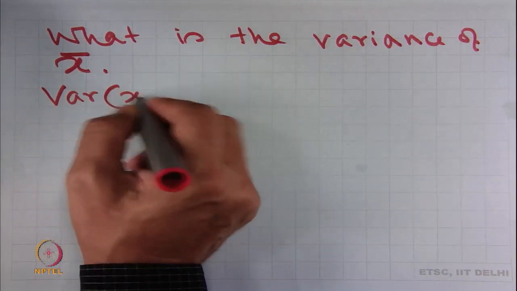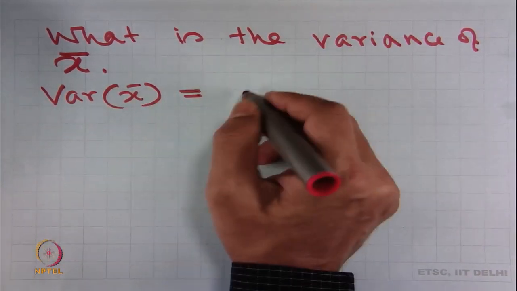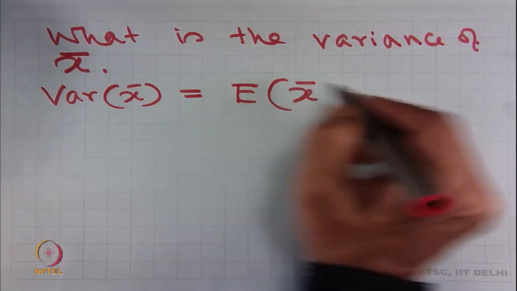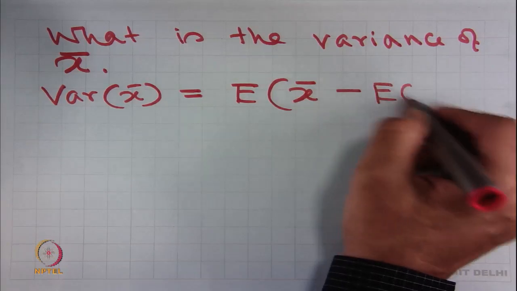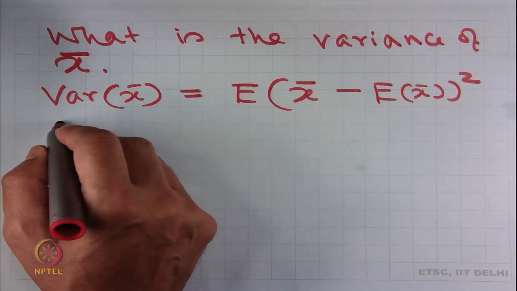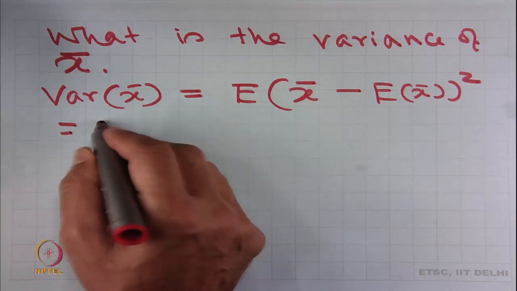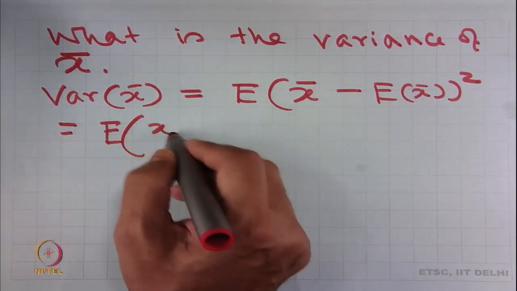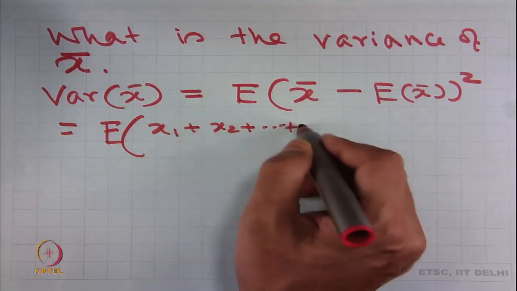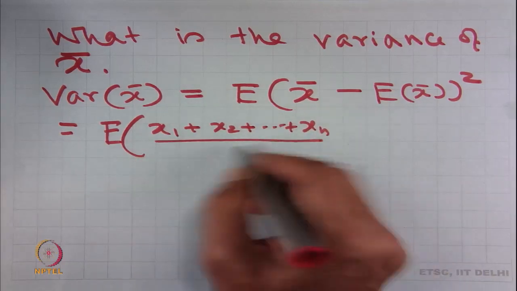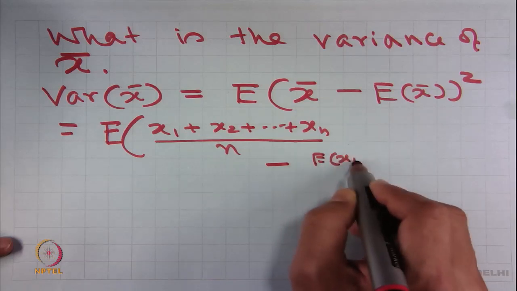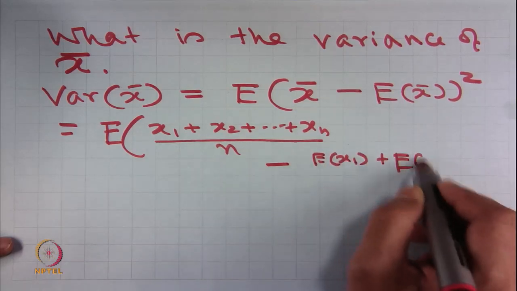Now, variance of x bar is equal to expected value of x bar minus expected value of x bar whole square, which is equal to expected value of x1 plus x2 plus xn by n minus expected value of x1 plus expected value of x2 and so on.